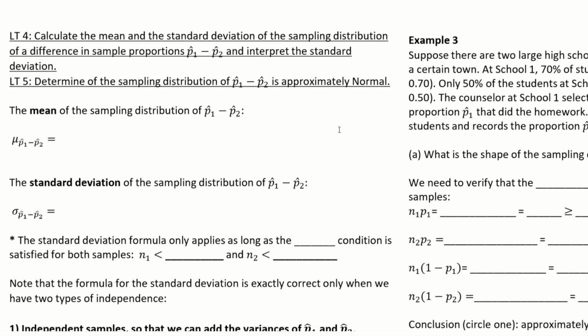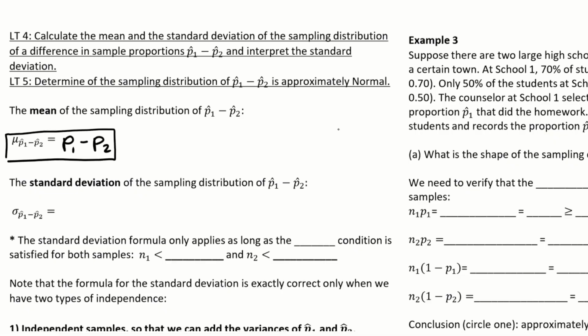All right, so learning target 4: calculate the mean and standard deviation of the sampling distribution for p hat 1 minus p hat 2, and interpret the standard deviation, and then determine if the sampling distribution is normal. Okay, so if I have a sampling distribution of p hat 1 minus p hat 2, the mean of that is going to be p1 minus p2. Okay, this is going to be our formula.